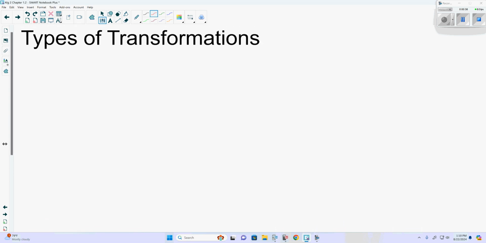So our types of transformations that we had. I gave us the general versions, the most basic forms of all of these here.